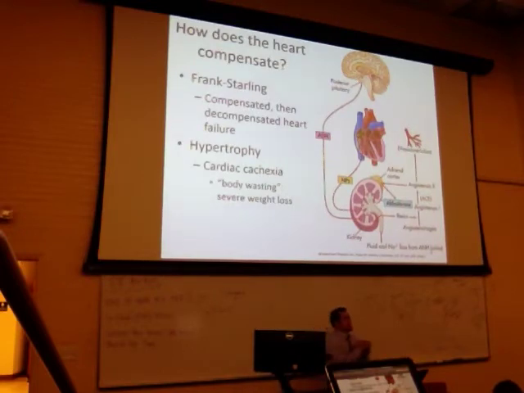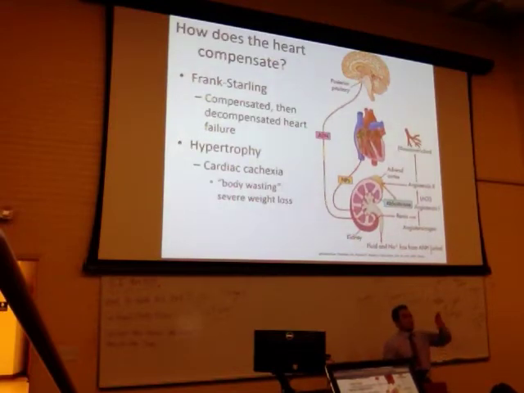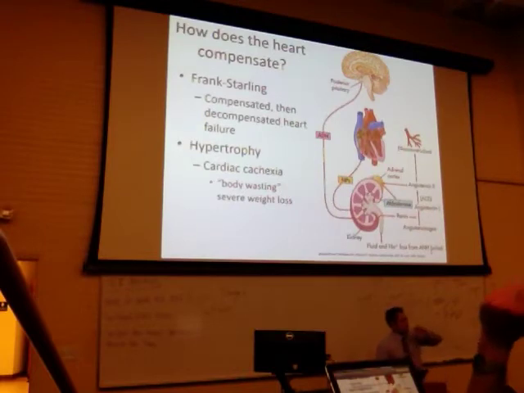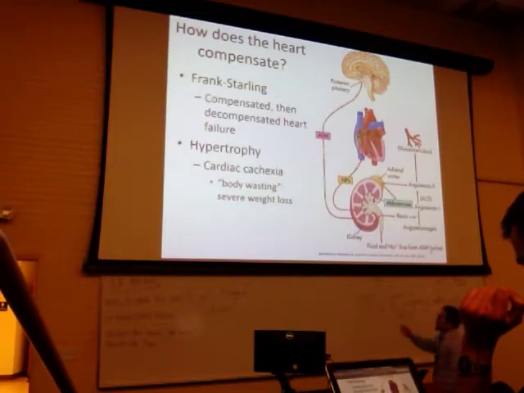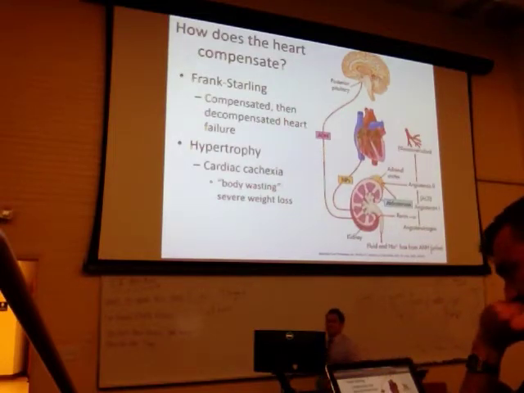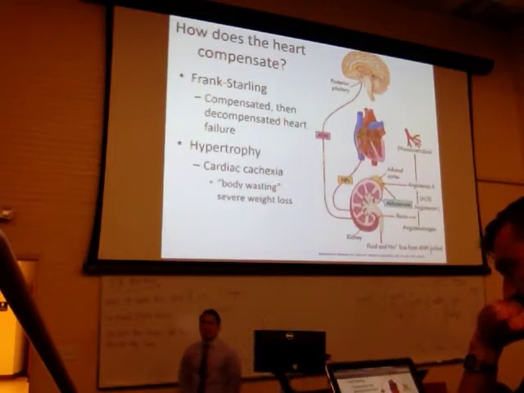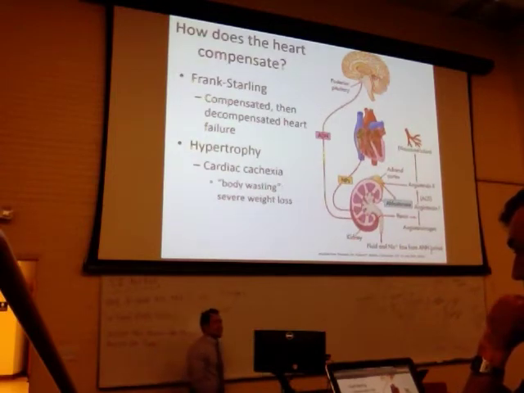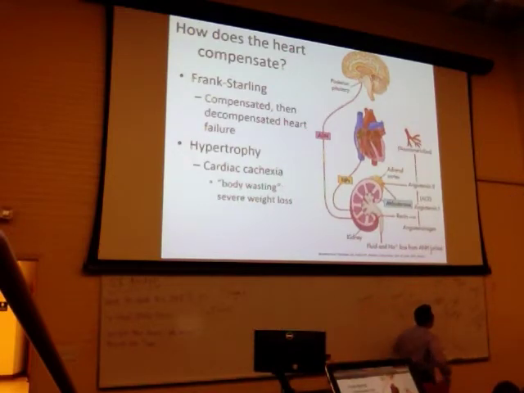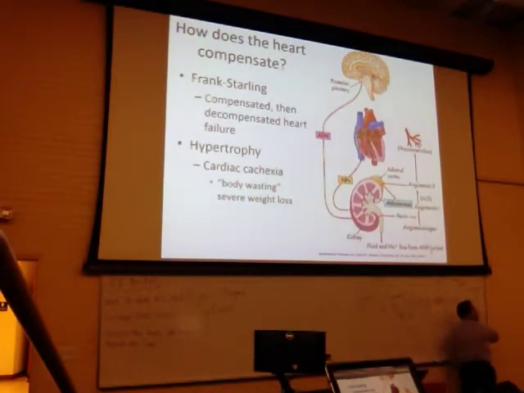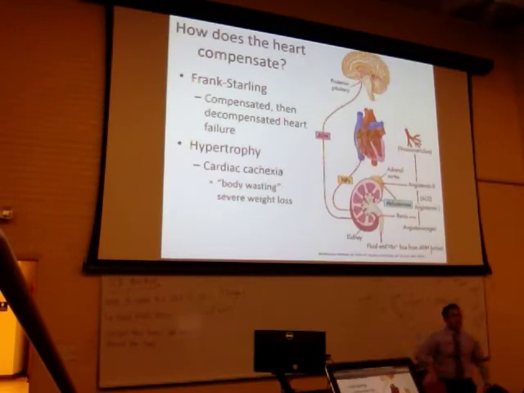Okay, so let's break this down a little bit. And I had already alluded to Frank-Starling law of the heart. So Frank-Starling law of the heart is more in leads to more output, right? So if you increase venous return, you get an increase in cardiac output. And the Frank-Starling law as it applies to heart failure is first you compensate. You compensate by modifying things on the incoming side to influence the output due to Frank-Starling's law, because what goes in is going to affect what comes out.